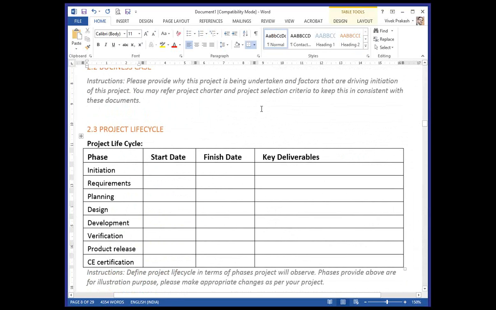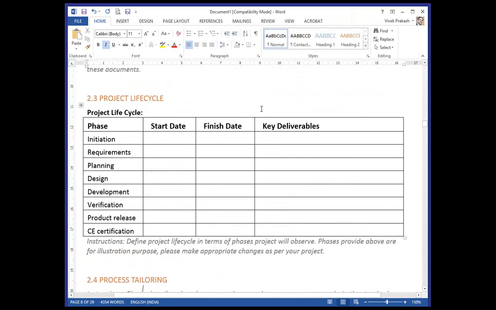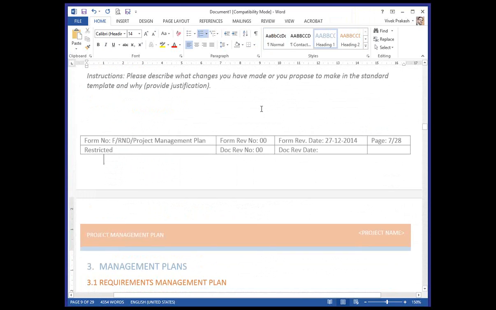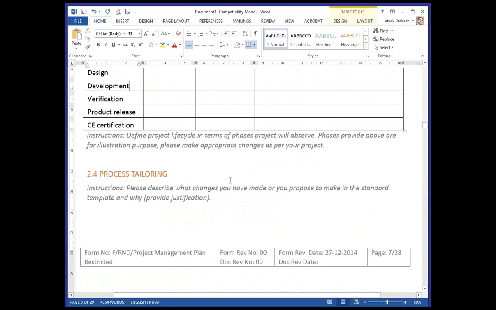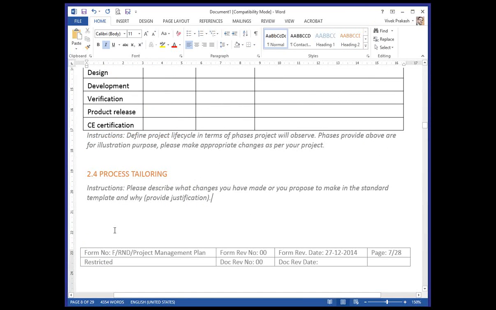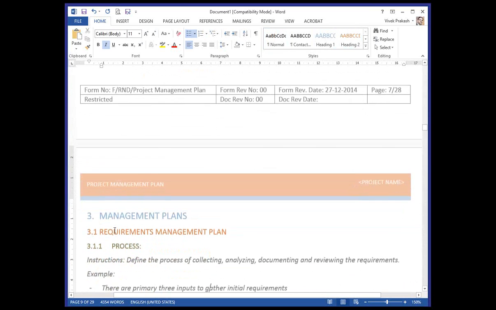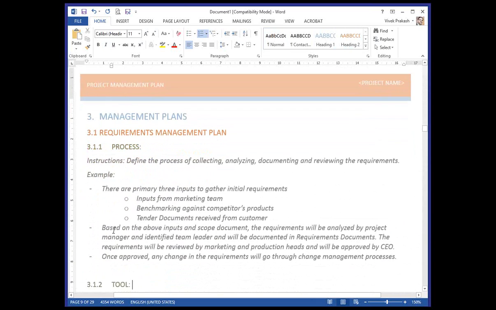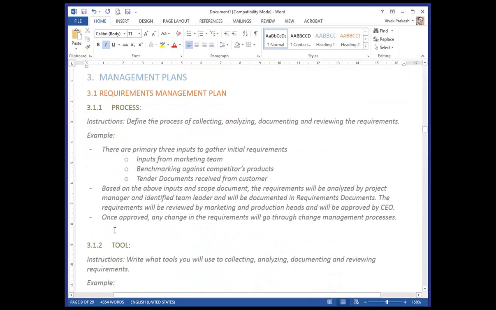We can define when the initiation, requirement, planning, design, development, etc. is going to happen. Then you can define any kind of tailoring which is being done in the project. And when you do tailoring, you must give a justification for why you are doing it and the reason behind that. Then it starts with the requirement management plan.